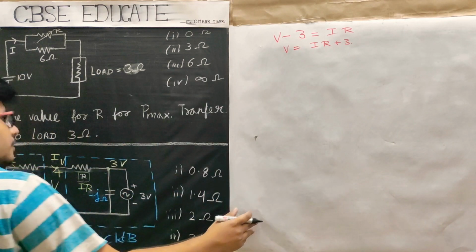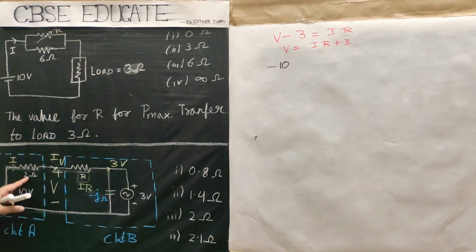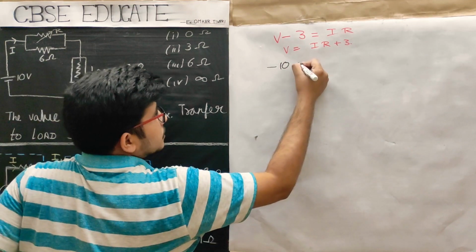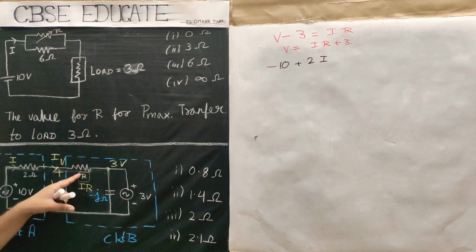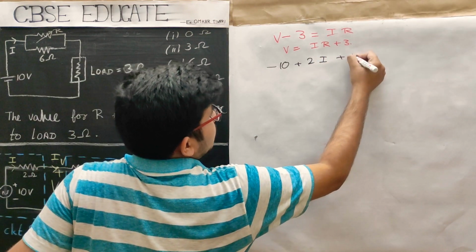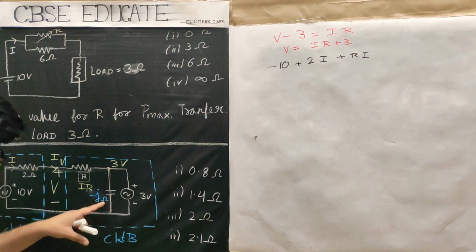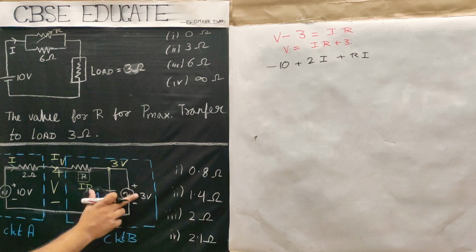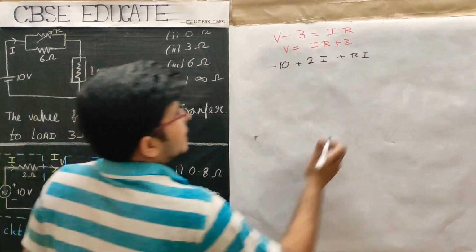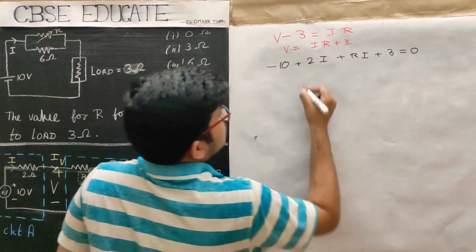By applying the KVL, you will get minus 10 plus 2I plus RI, and the voltage across the inductor is the same as 3, it will be 3 volt because these are in parallel, so I can simply write plus 3 volt, which is equal to 0.